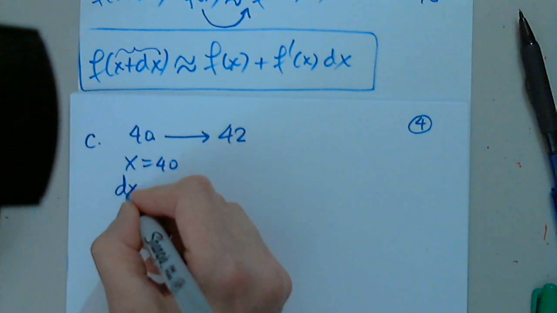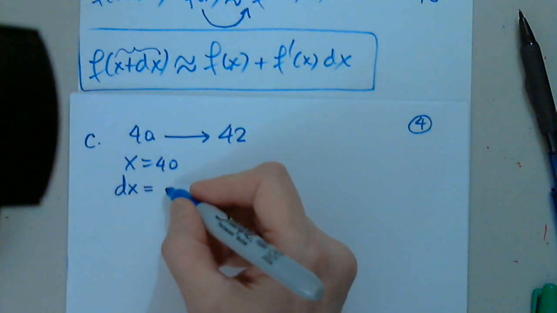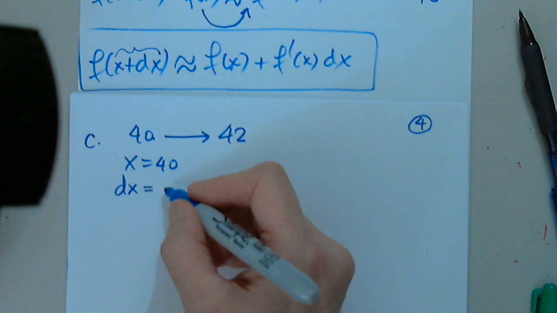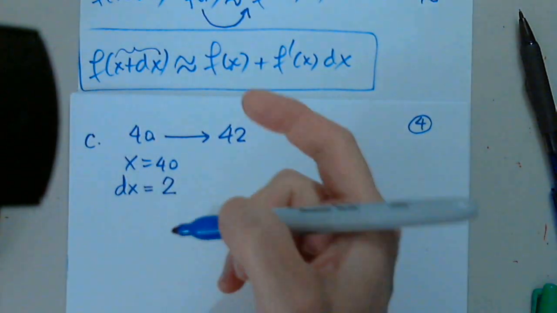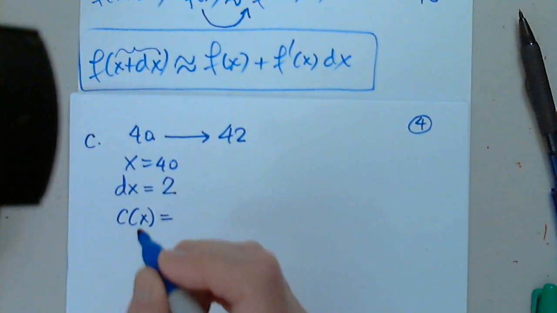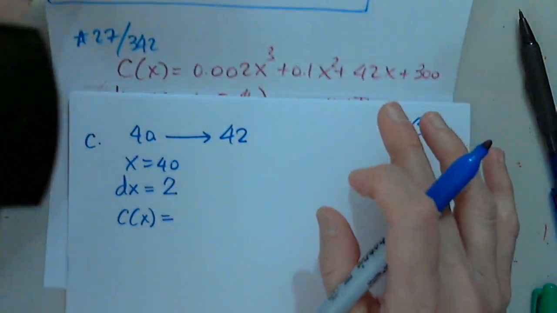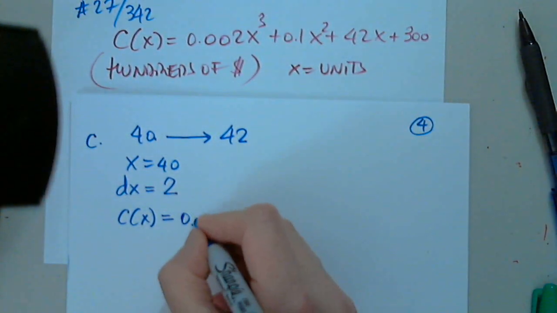Can anyone identify dx for us? Is it just 2? Exactly. Okay, we already have f of x, which in our case is C of x. I can copy it. So we have all the information here.